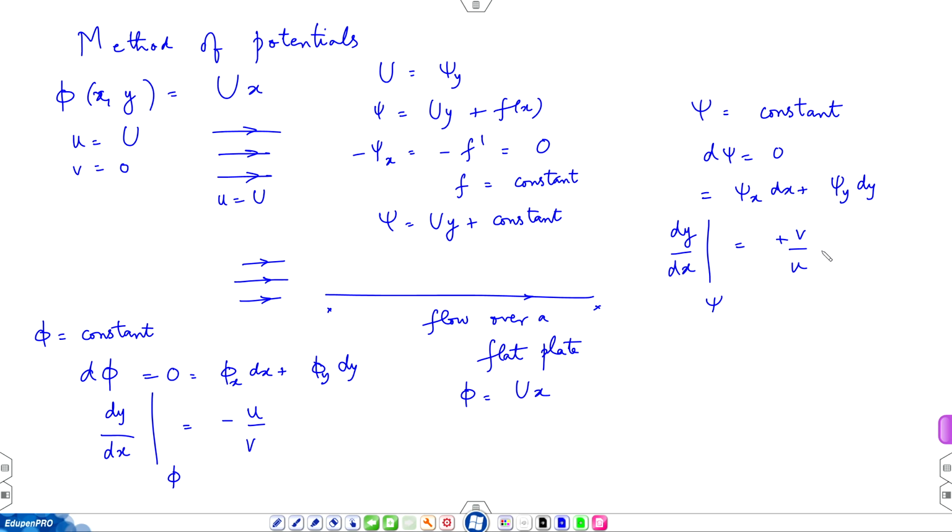Therefore, constant phi lines and constant psi lines are orthogonal. So, the fact that you can get phi from psi, psi from phi, and they form an orthogonal grid, these are all very helpful in visualizing the flow field.